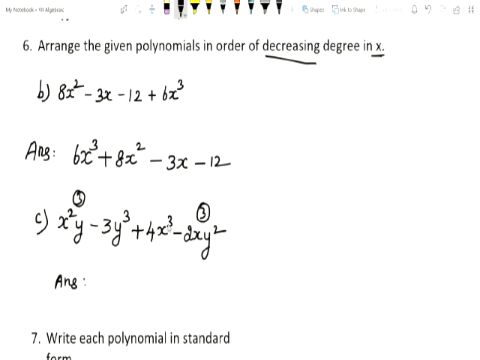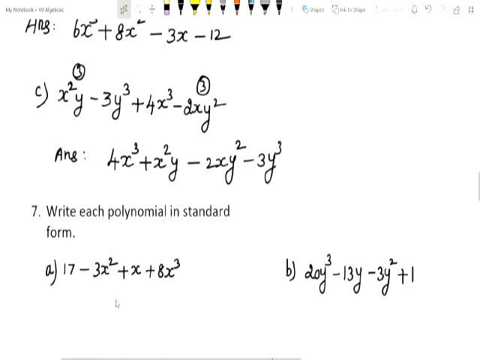Okay, first write 4x cube plus x square y minus 2xy square minus 3y cube. Here all the powers are the same. Okay, children. You understand how to write it in decreasing order? Very good, children. See the next one.